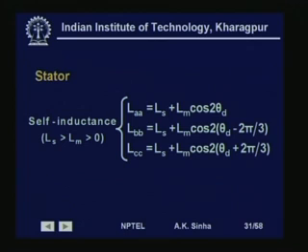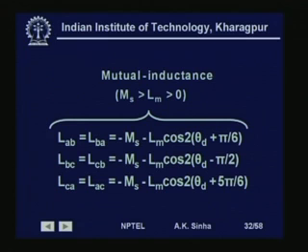Now, one of the major problems, as we have seen, is that because the flux paths are not the same in the polar and interpolar region, all these inductances are dependent on the angle theta, and since this angle theta keeps changing with the rotation, all these inductances are time varying inductances. I had already told you this earlier when we talked about the synchronous machine model.